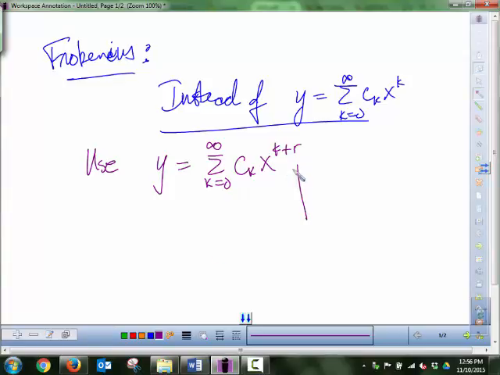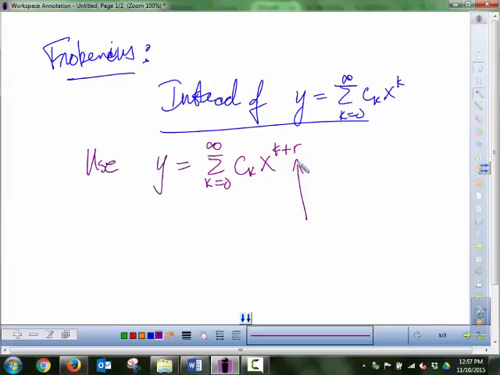So how to find r? It turns out that finding r can be done one of two ways. One, we can just try to remember the indicial condition. And two, the way the book does it, they actually use something a little bit different from how I'm doing it.